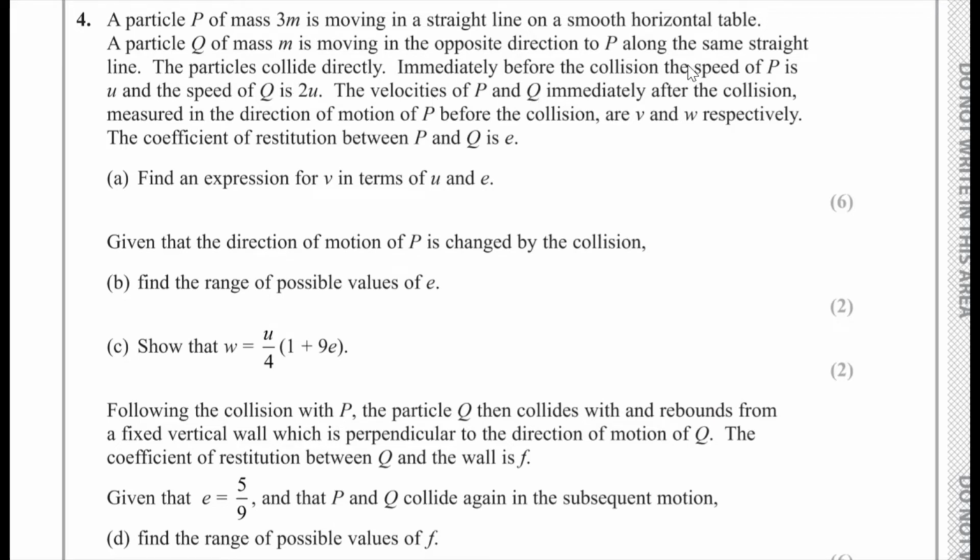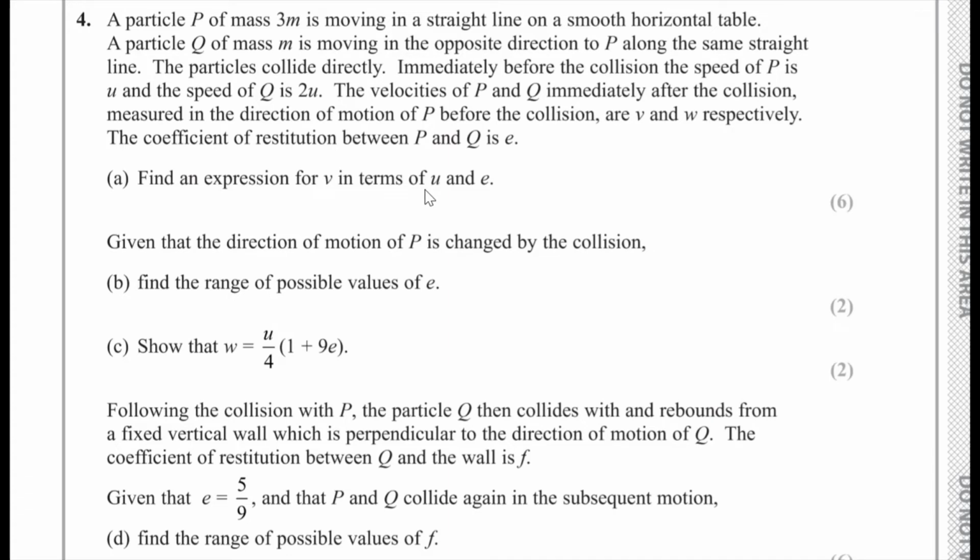Immediately before the collision, the speed of P is u and the speed of Q is 2u. The velocities of P and Q immediately after the collision, measured in the direction of motion of P before the collision, are v and w respectively. The coefficient of restitution between P and Q is E. We have to find an expression for v in terms of u and E.